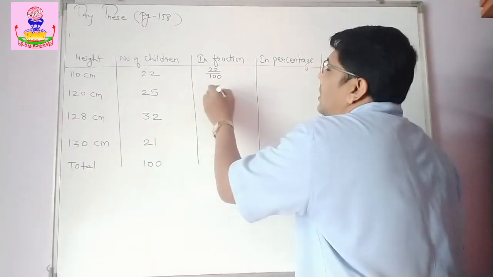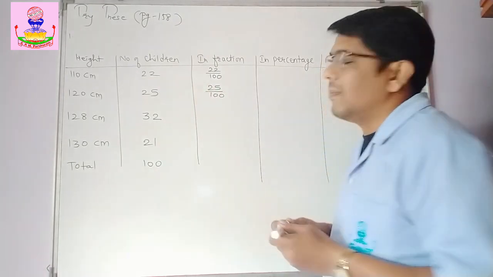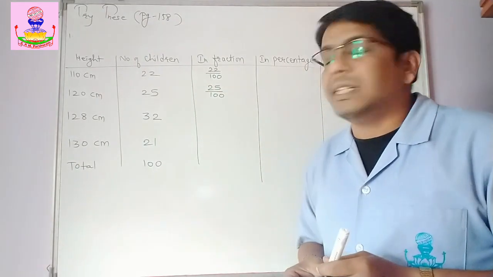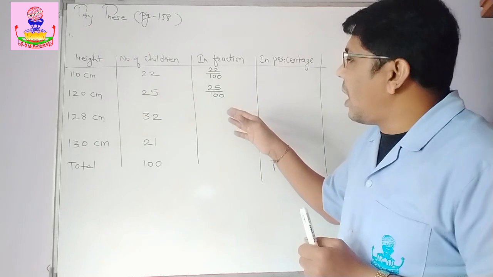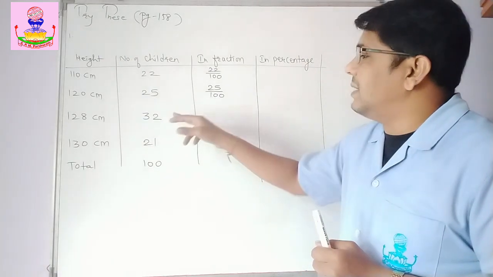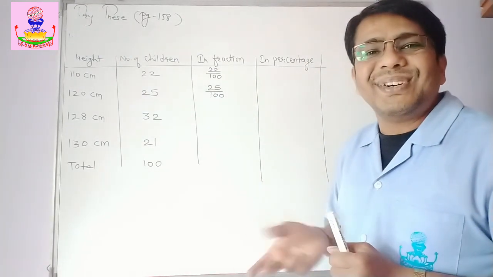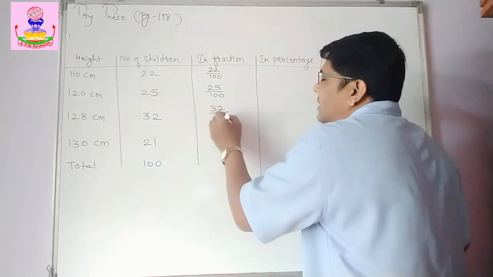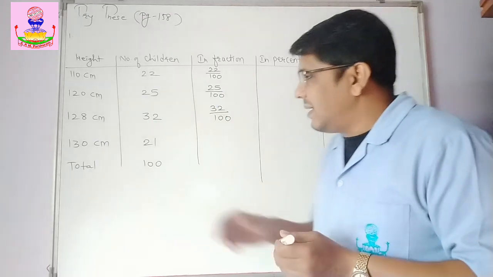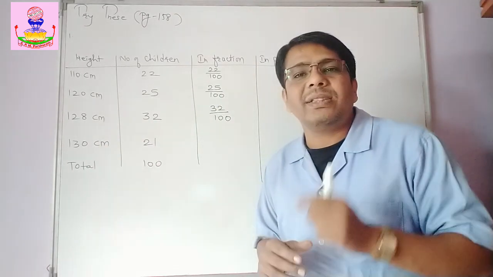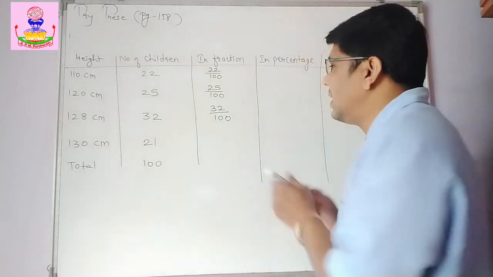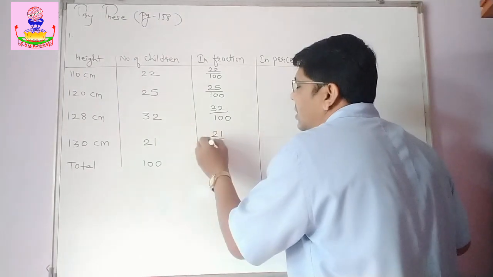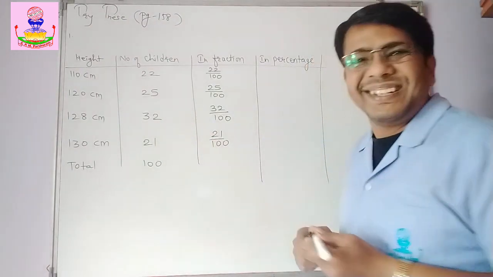So 25 upon 100. 128 centimeter height, there are 32 children. So we can write it as 32 upon 100. And there are 21 children having 130 centimeter height. So we can write it as 21 upon 100.